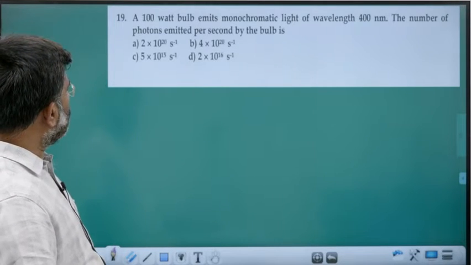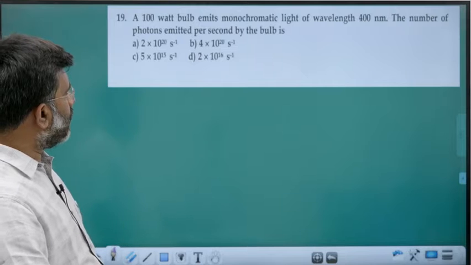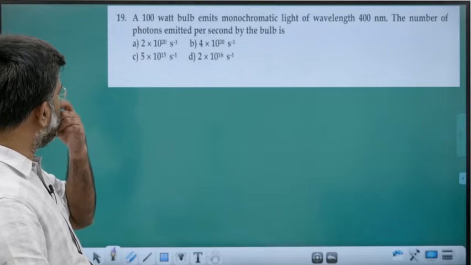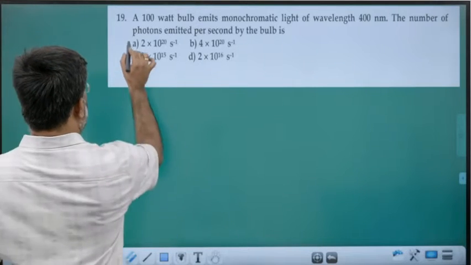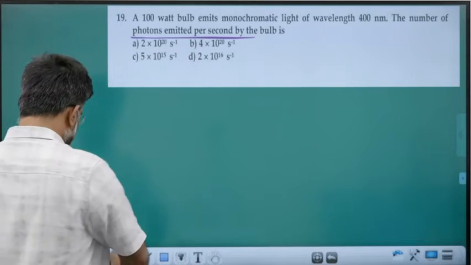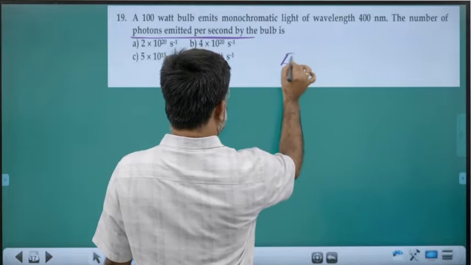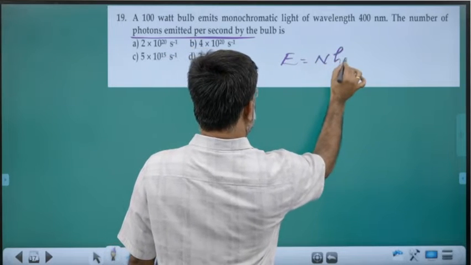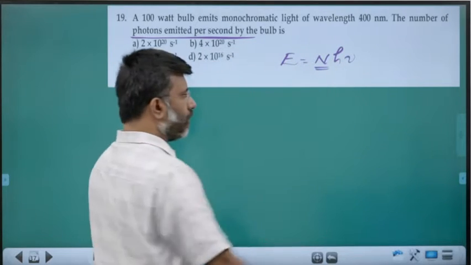A 100-watt bulb emits a monochromatic light of wavelength 400 nanometer. Find the number of photons emitted per second. You know the relation, E is equal to n h nu, where n is the number of photons.